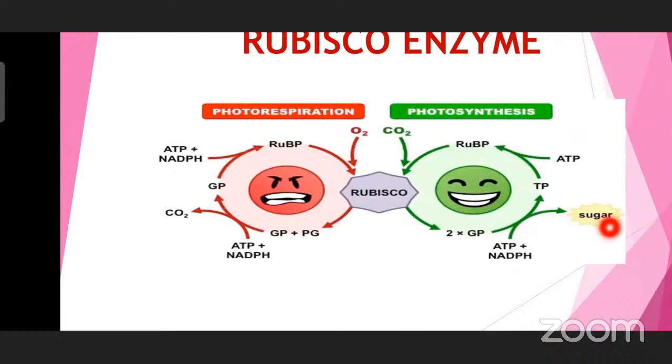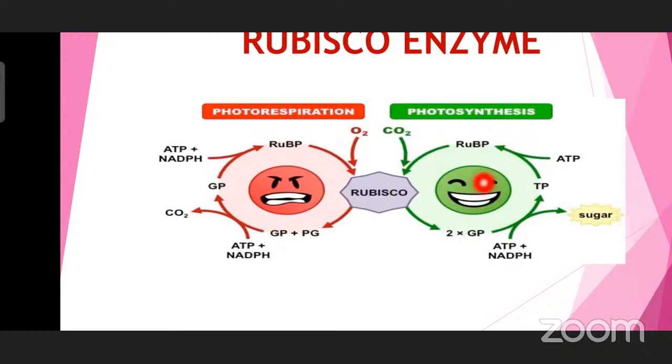From these, 2 will be utilized for sugar production or glucose, and the 10 are going to be converted to phosphoglyceraldehyde, which we call triose phosphate also, and are going to form the regeneration of RuBP.